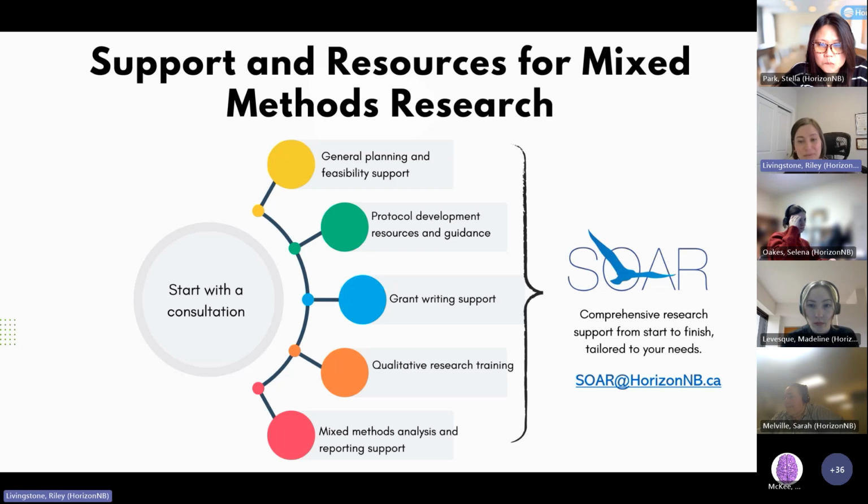Finally, I also need to mention SOAR. Under our Support Opportunities and Assistance for Research program, Horizon-affiliated clinicians or staff, those without clinical research support, I should say, can apply to the program, and successful applicants to the SOAR program are granted comprehensive access to a team of highly skilled research professionals with experience in quantitative and qualitative methods, as well as clinical research conduct and administration.